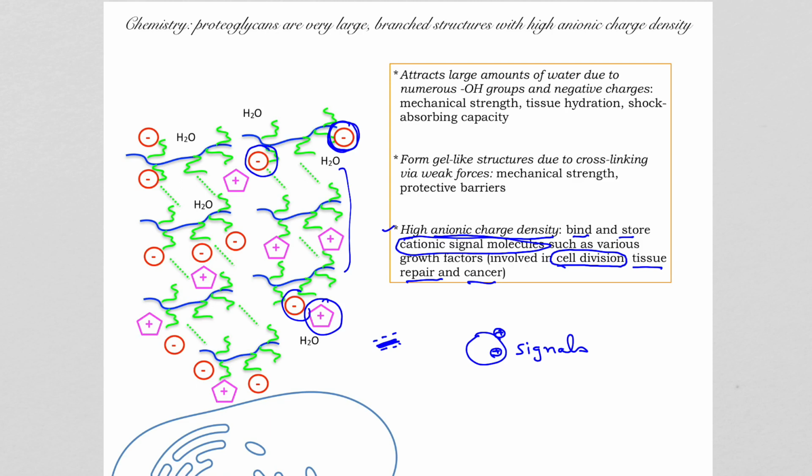Not only do the shapes themselves have so much information that allows them to be used as cell signals, but they also trap other cell signals that are cationic, positively charged. So basically around the cell, you have a lot of signals ready to tell the cell what to do.